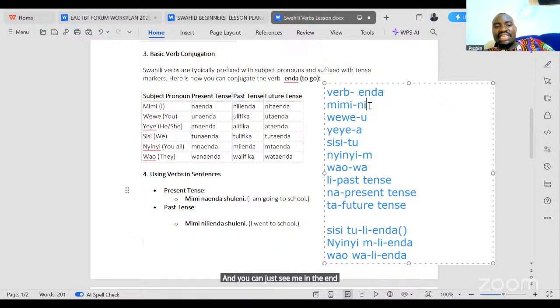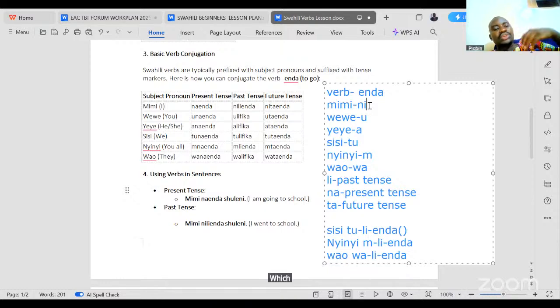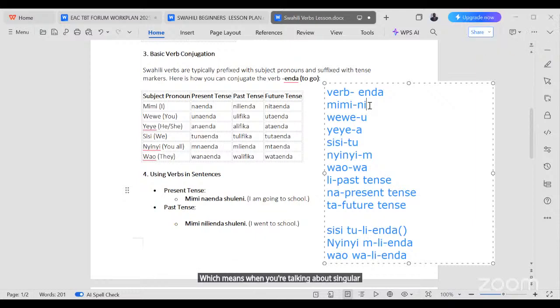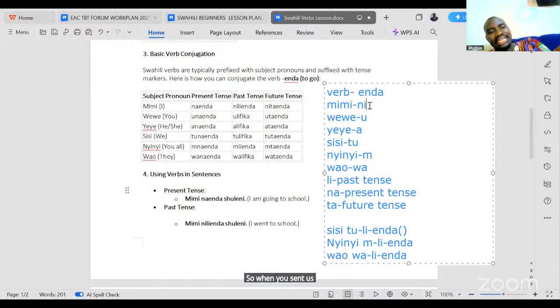So this ni is the representation of the word mimi, which means when you're talking about singular, mimi, its pronoun can be ni. So in this sentence, nilienda, the ni here is the representative of mimi. Now the wewe, its representative pronoun is u.